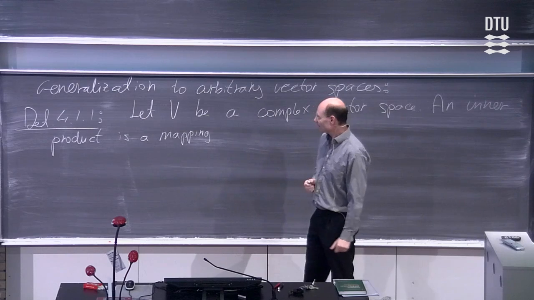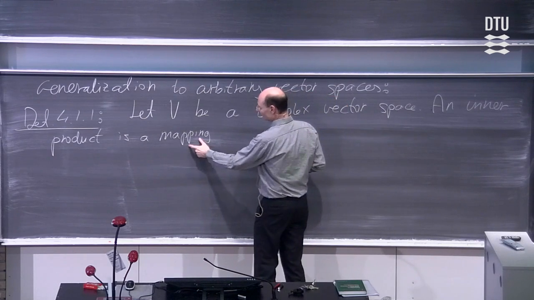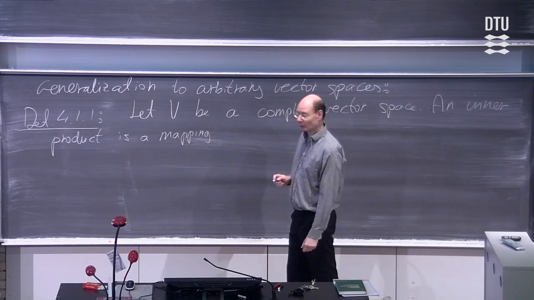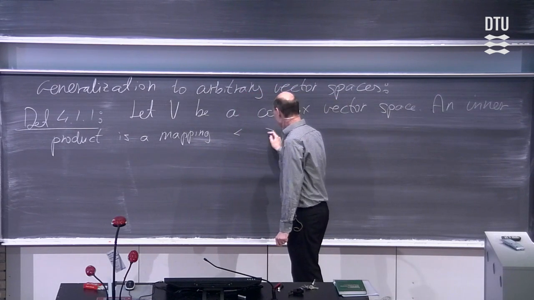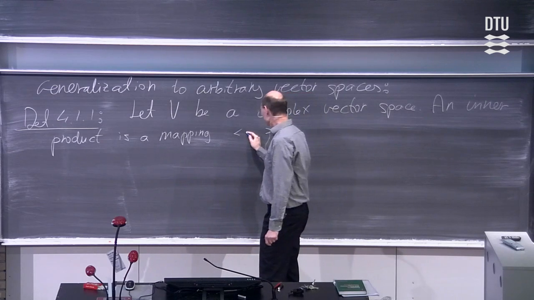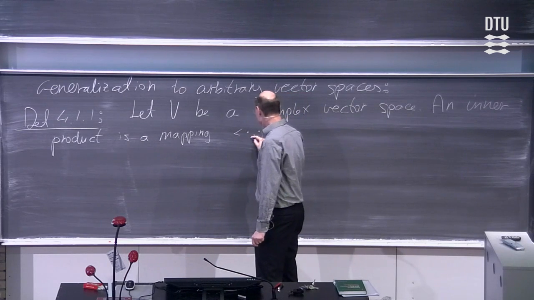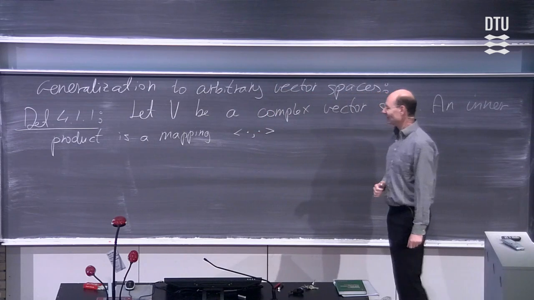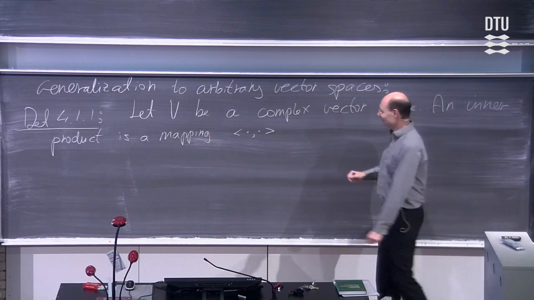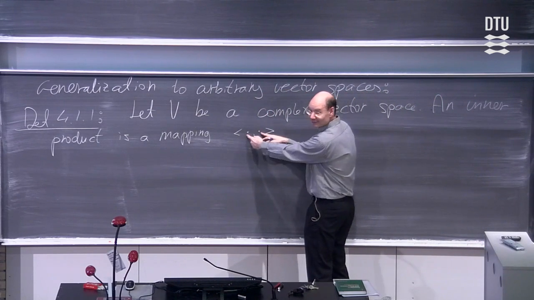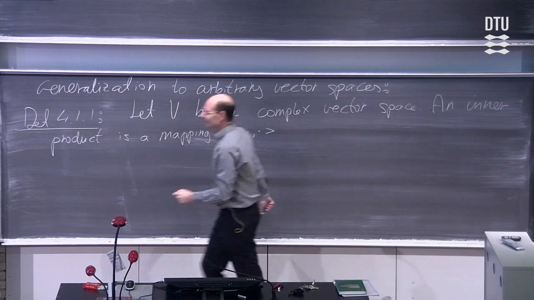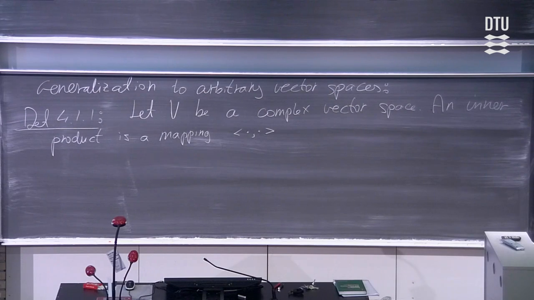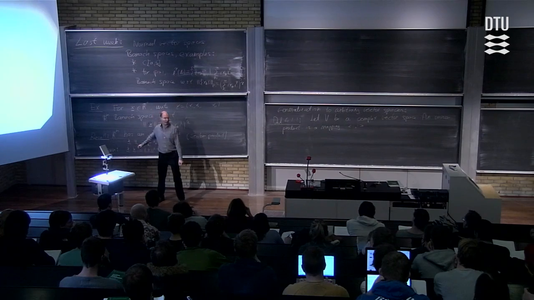So we'll do the same here. We need to find a name for this mapping, and the way it is denoted is by a little bracket that turns this way, and a little bracket that turns this way, and then we put two dots in the middle, and then a comma. So this is not a smiley face or anything like that. This just means that these are the places where you put in the variable. So you have two variables to put in, exactly like you have two variables to put in here. You have to put in an x and you have to put in a y.